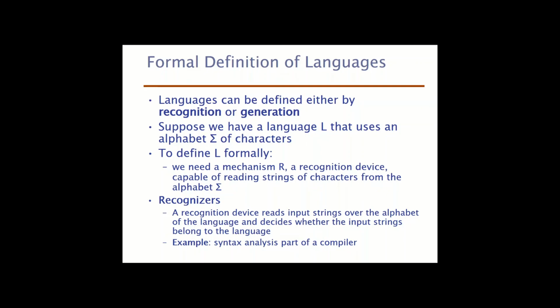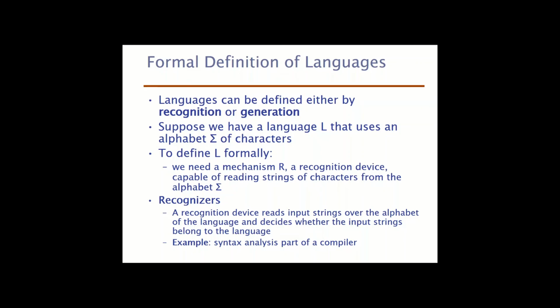Not necessarily only recognition. I will explain about it in the next slide, but we can have recognition of an already available statement, or we can generate a valid statement or a valid part or structure of the language.